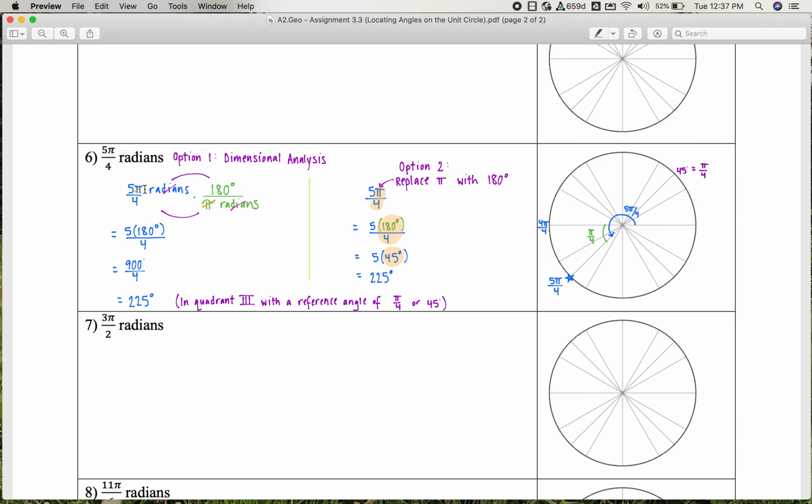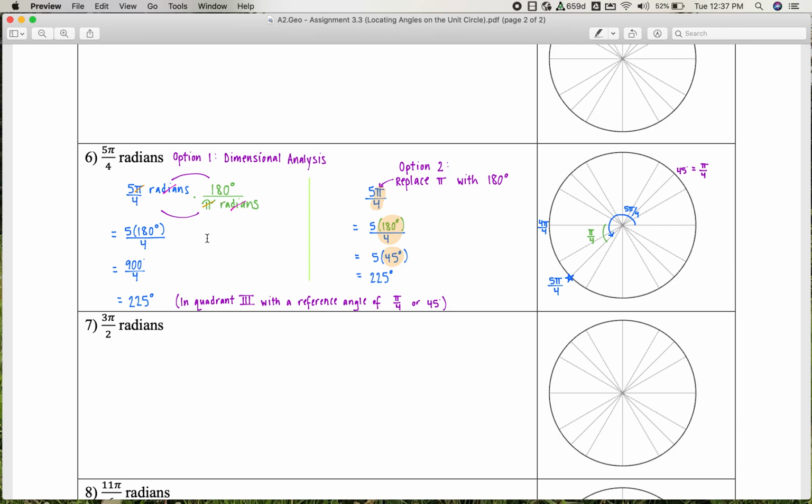One way to approach this problem is to take your starting angle, 5 pi over 4 radians, and multiply by this scale factor that says there are 180 degrees for every pi radians. Now if I look closely, I've got radians on top and radians on the bottom, so the units radians cancel out. I also see a pi on the top and a pi on the bottom, so that pi cancels out too.